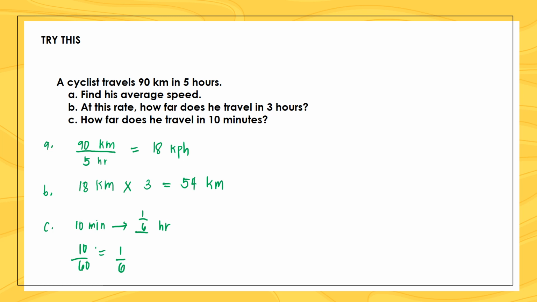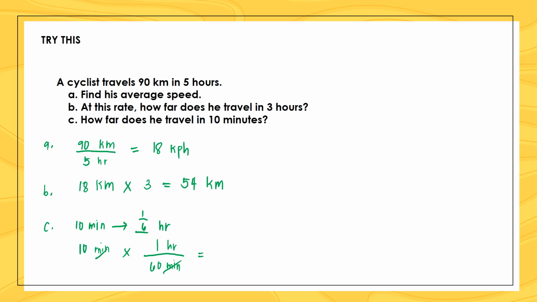So 10, let's write it here. 10 minutes times a fraction which is equal to 1. So let's write 60 minutes in here for us to cancel the minutes unit, and then 1 hour here on top, since the conversion factor we will be using is 1 hour is equal to 60 minutes.